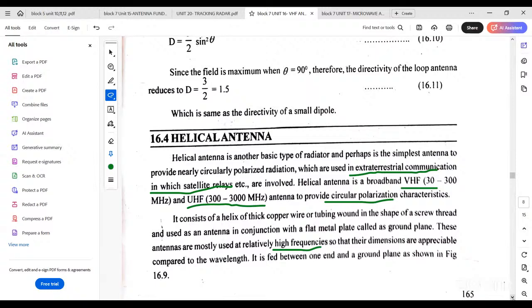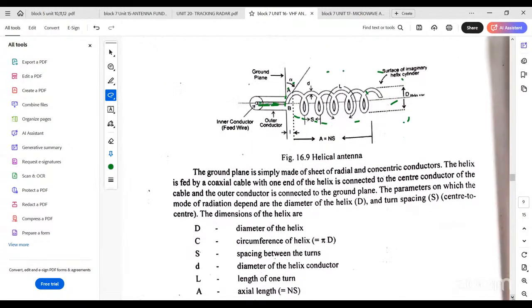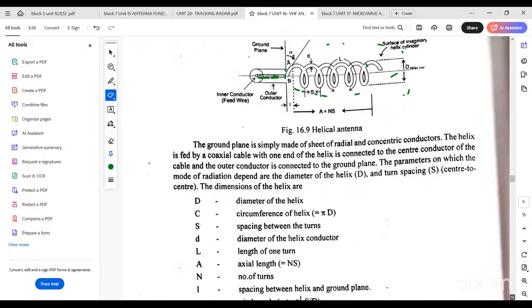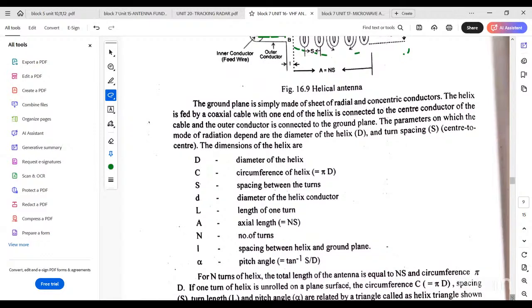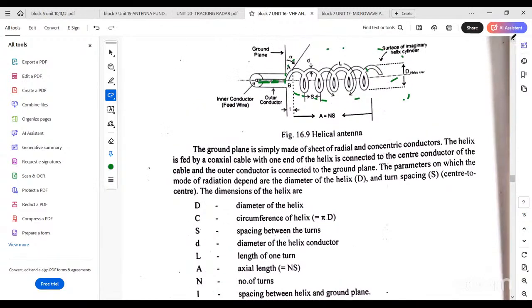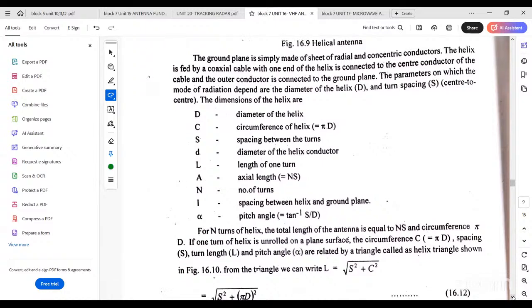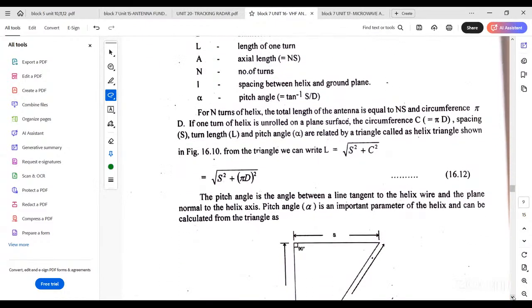Now, after drawing the diagram and explaining the parameters, we will take only a single turn and see the derivation part. What is alpha? Alpha is the pitch angle. After writing all the parameters, we will take a single turn and do the derivation from there.